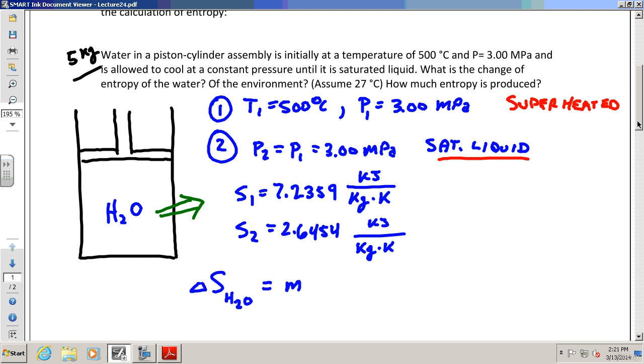It's equal to the mass, which I just said arbitrarily is 5 kilograms, times S2 minus S1, right? And that's going to be 5 kilograms times 2.6454 minus 7.2359.